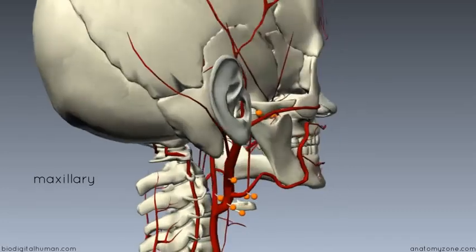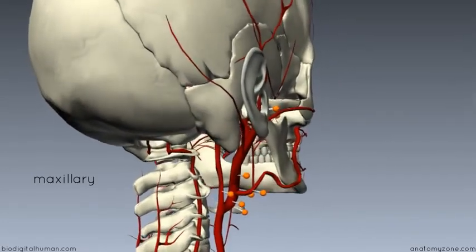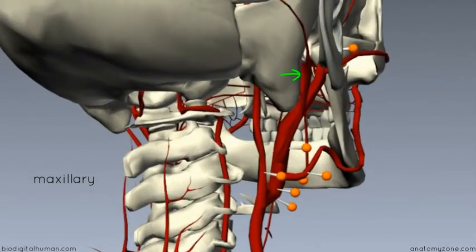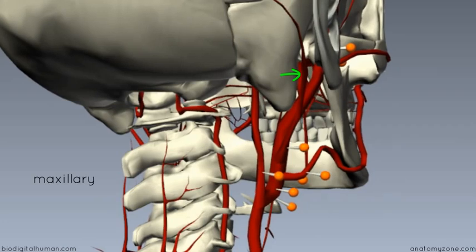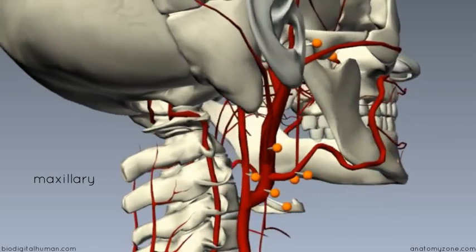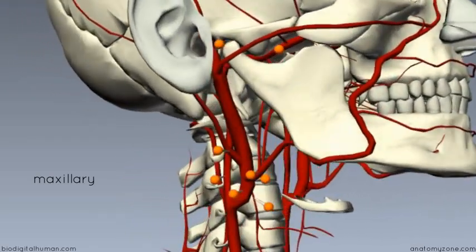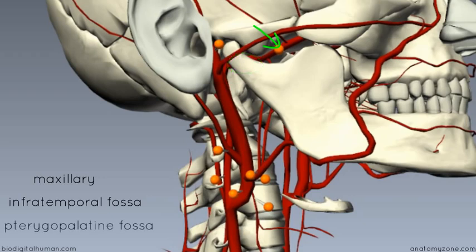So if I just rotate the model around posteriorly, we can see the maxillary artery running behind the neck of the mandible here, and if I rotate it round again to the lateral view, you can see it passing medially to the neck of the mandible, and then it passes into the infratemporal fossa and ultimately into the pterygopalatine fossa.